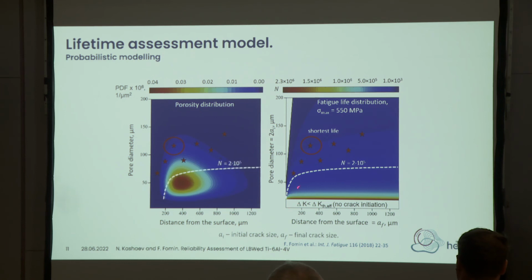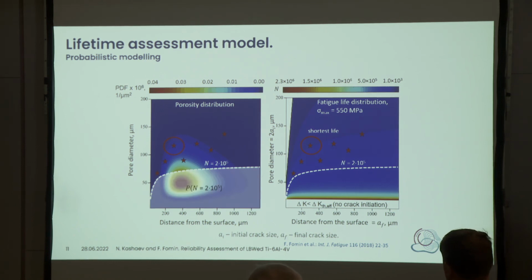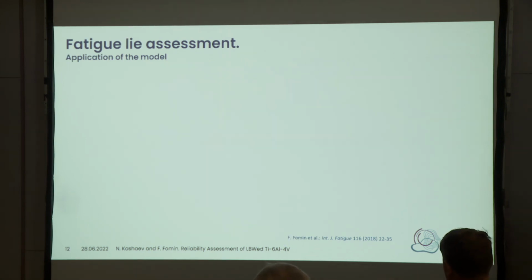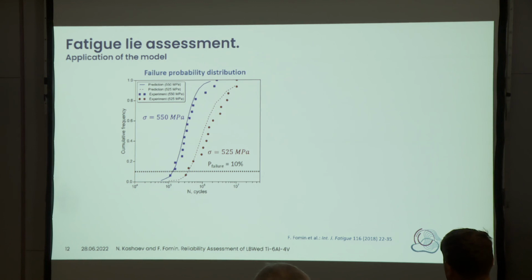And if we want to obtain the condition that all pores will result, for example, in a given number of cycles, we have to locate all our pores below these curves, and this is exactly the area. Using our distribution, if we calculate the area, we can perform the probabilistic analysis. And this we proved experimentally.